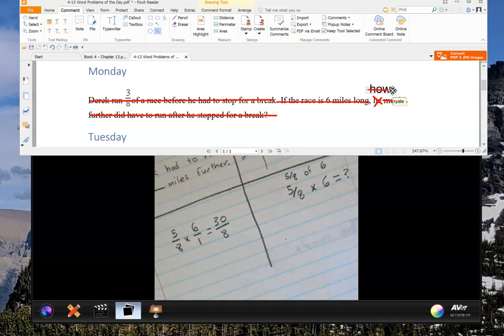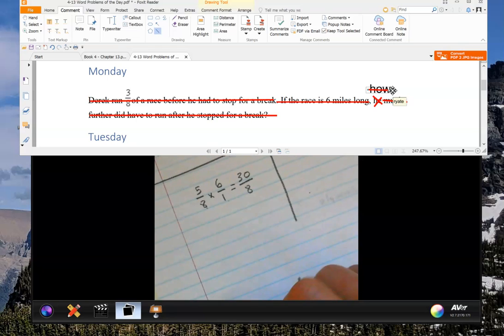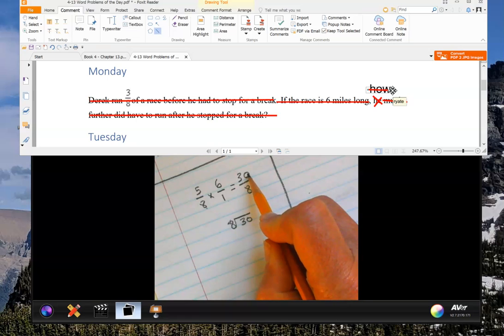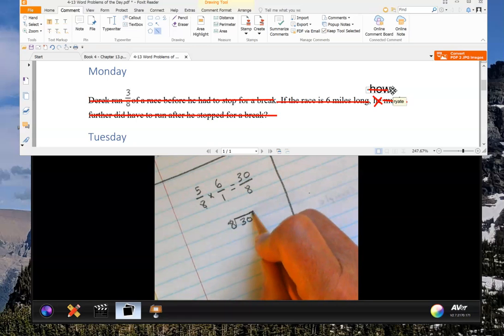I don't really like improper fractions because they're difficult to understand. So we want to simplify that down into a mixed number. So I'll start by doing that. I'll take 30 and divide it by 8. I'll take the numerator and divide it by the denominator. So 8 times 4, no, that's 32.